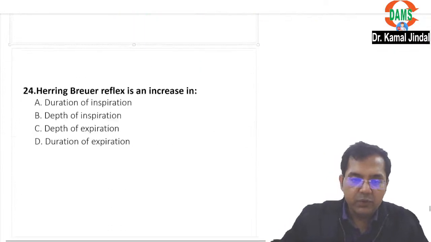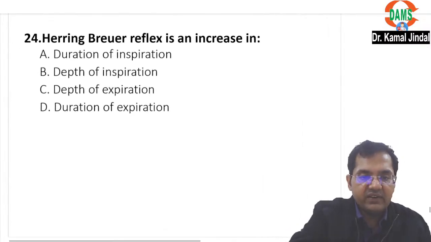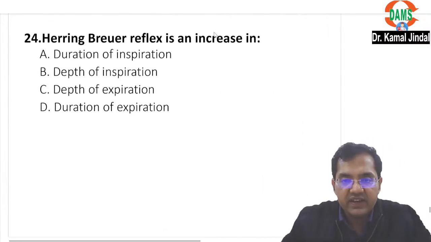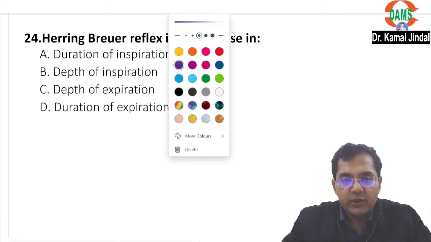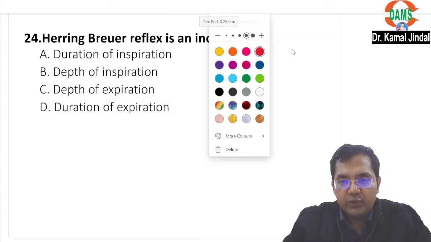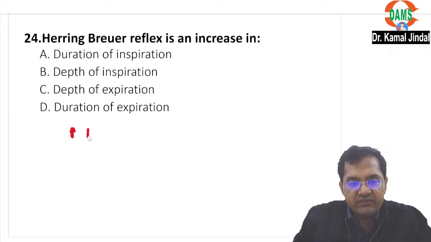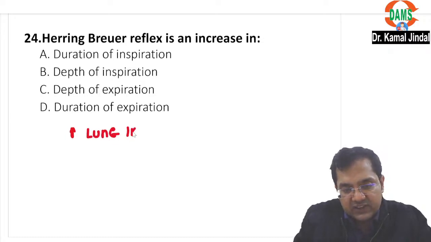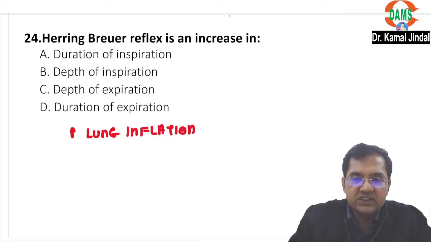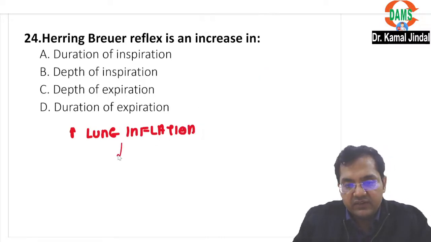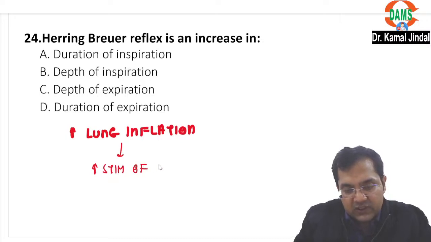Hering-Breuer reflex is an increase in. Remember, Hering-Breuer reflex is that when you do prolonged inflation, with increased inflation of the lungs, this causes increased stimulation of the vagal afferent fibers.